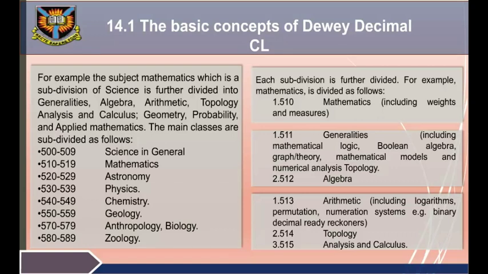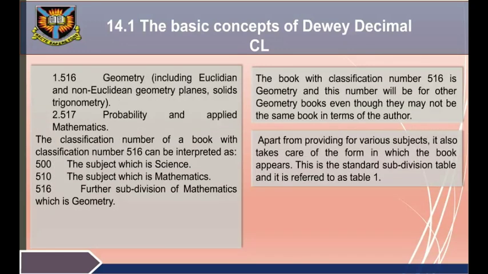For example, mathematics is divided as follows: mathematics including weights and measures, generalities including mathematical logic, Boolean algebra, graph theory, mathematical models and numerical analysis, topology, algebra, arithmetic including logarithms, permutation, numeration systems, for example, binary, decimal, ready reckoners, topology, analysis, and calculus. Geometry including Euclidean and non-Euclidean geometry, planes, solid trigonometry, probability and applied mathematics.